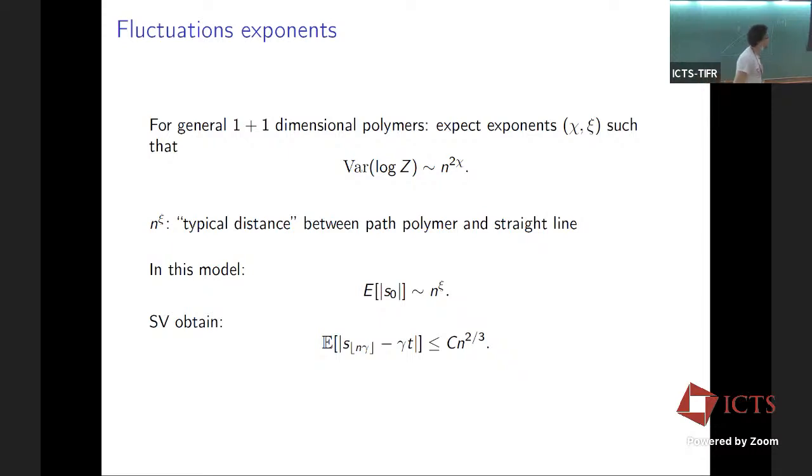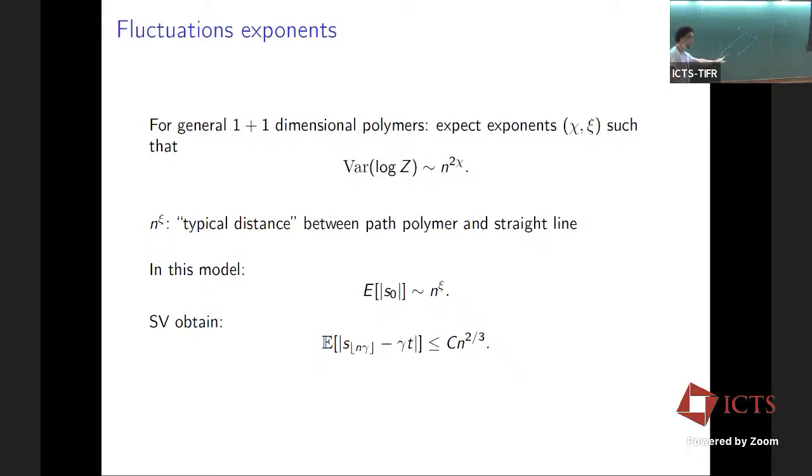Okay, so n to the xi is the typical distance, and in this model, n to the xi is represented by the time that in the stationary model, we decide to finally join the bulk. So this is S_0. Okay? So it's the difference between the origin and the time when we jump into the bulk.